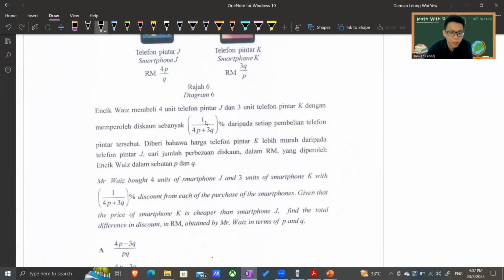Given that the price of smartphone K is cheaper than smartphone J, find the total difference in discount in ringgit obtained by Mr. Wise in terms of P and Q. This is the price, and this is the discount.